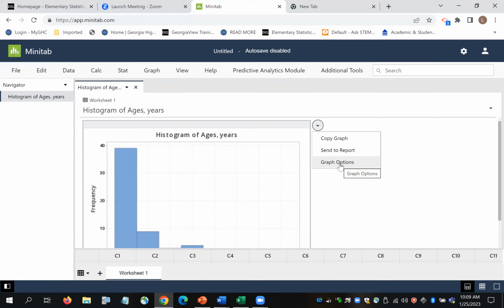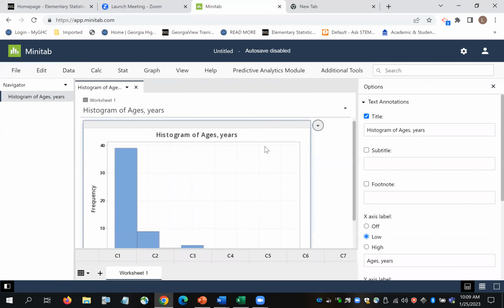So I'm going to click Graph Options, and then I can change the title. I want to make it more descriptive. So we're looking at ages in years of GHC students. I could go ahead and say in fall 2021. I could use a subtitle and indicate fall 2021. You could do it either way.